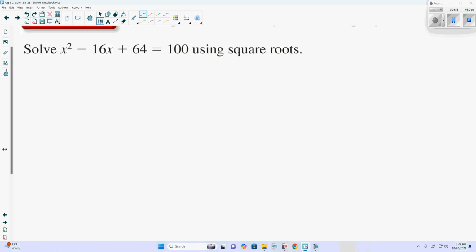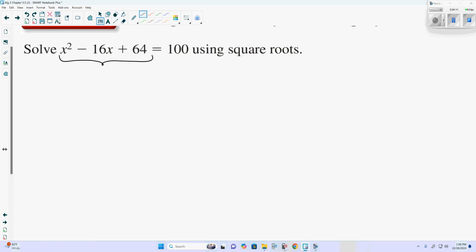We already solved this one on Friday, x squared minus 16x plus 64 equals 100. We can still use these steps even if we didn't notice that this is already a perfect square trinomial.